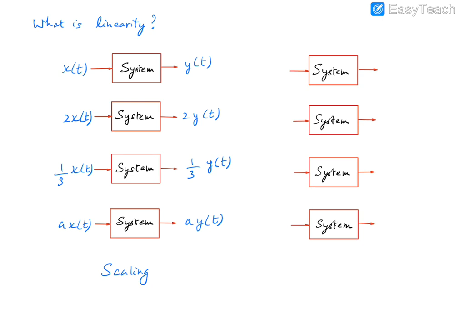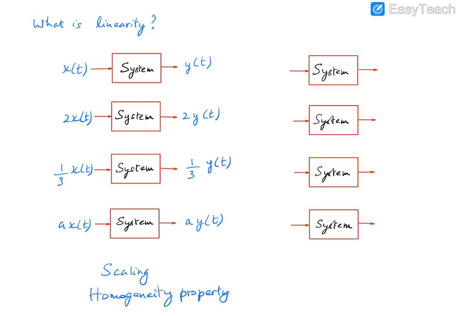So the output will be a times y of t. So this is called the scaling property. It is also sometimes called the homogeneity property. Okay, so that's the first aspect of linearity.